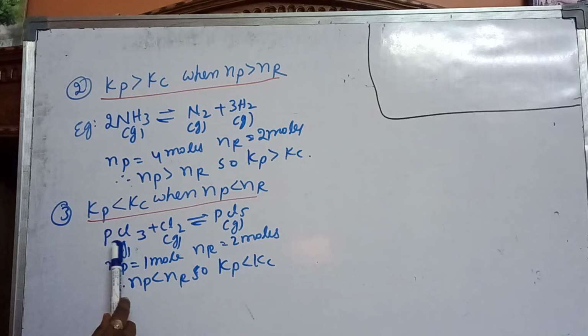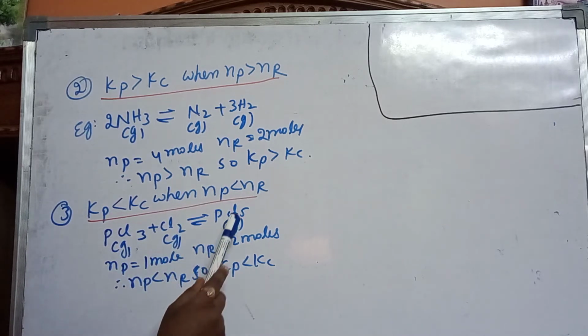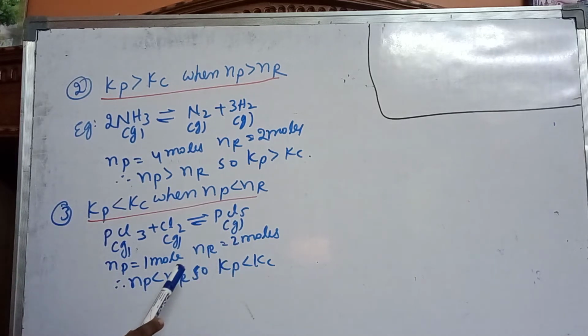See for example the reaction: PCl3 gas reacts with Cl2 to give PCl5 gas. Np means number of moles of products present in gaseous state. How many moles are present here? 1 mole. So Np is equal to 1 mole.